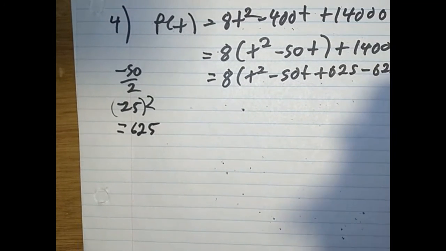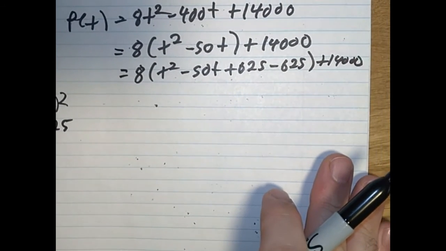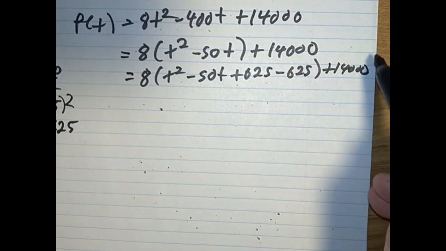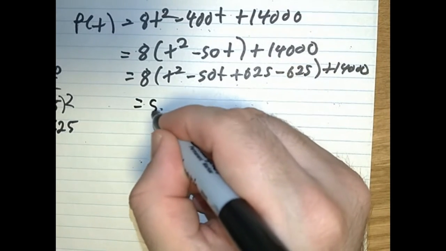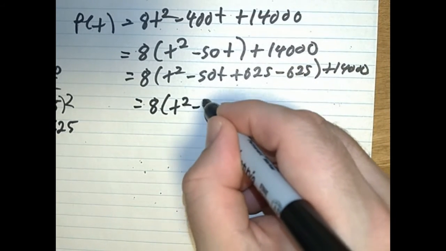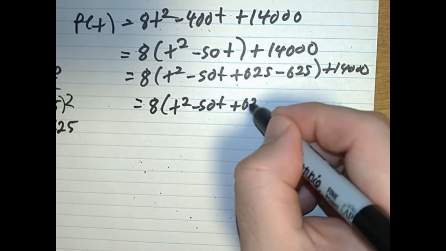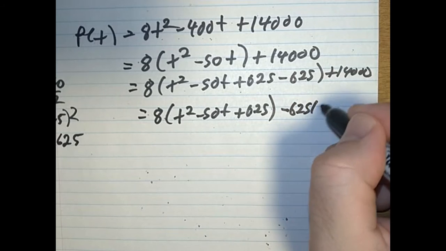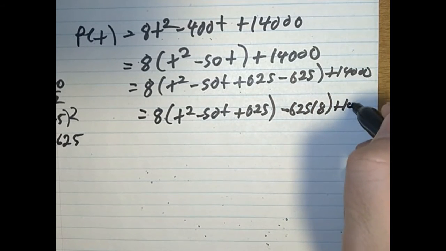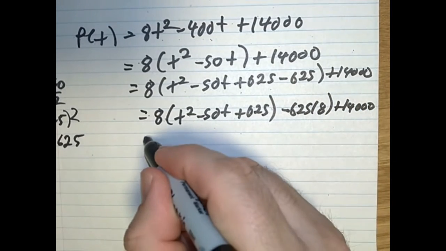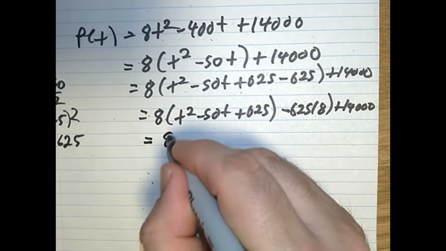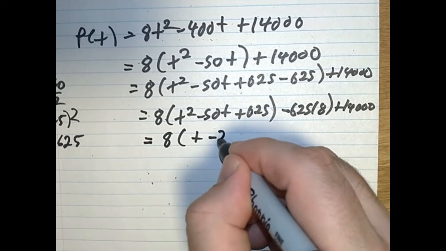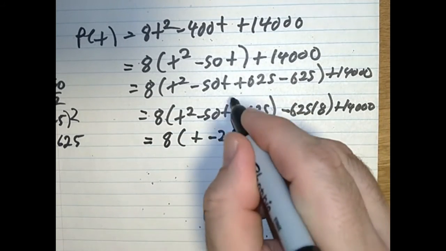You're going to take the negative 625 out always, and you multiply by 8, and you add 14,123. It's t minus 25, squared.